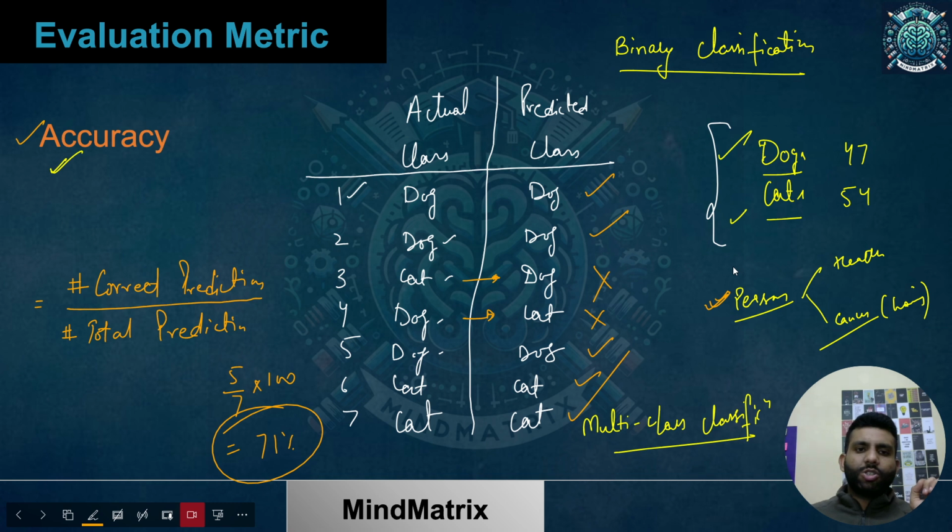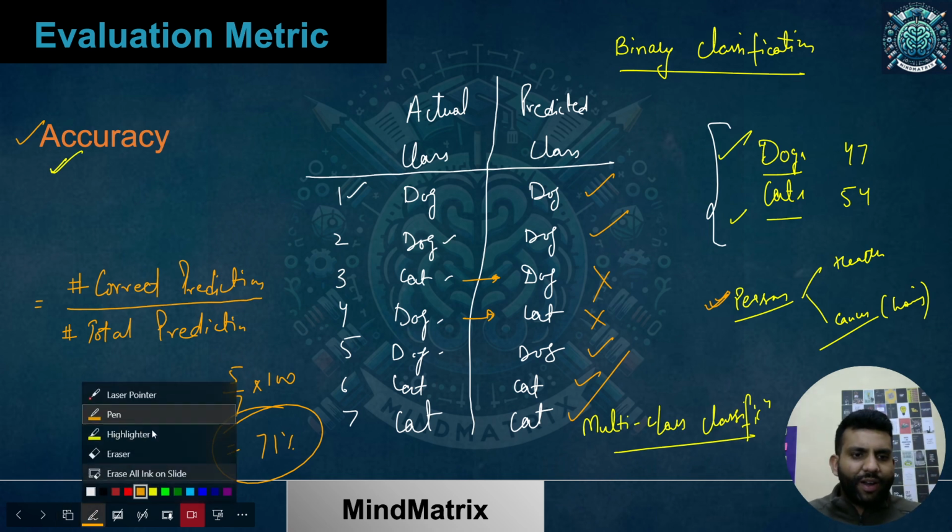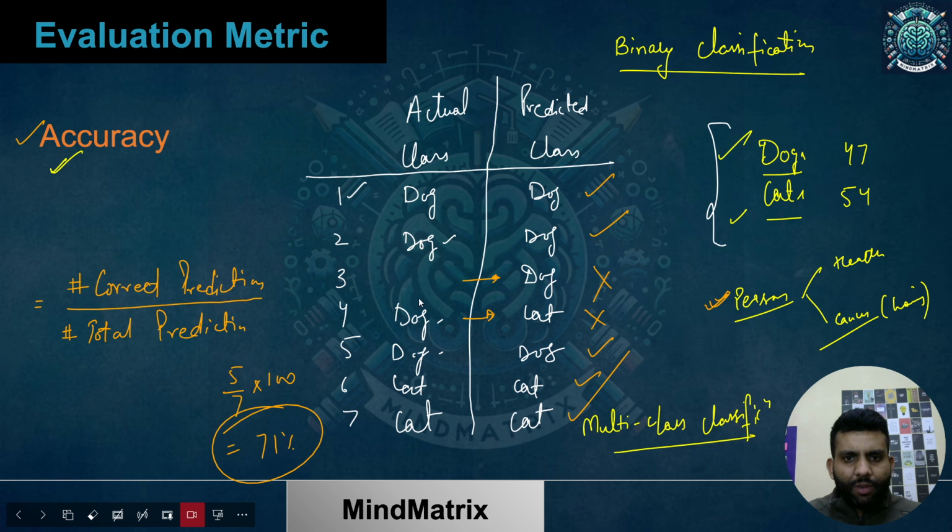What exactly is the issue? See, let's suppose I make 6 dogs over here. I just modify it. If I simply say this was also a dog and this was also a dog, and instead of saying anything like cat, what if I say that all were dogs?